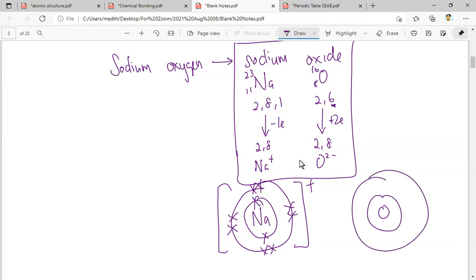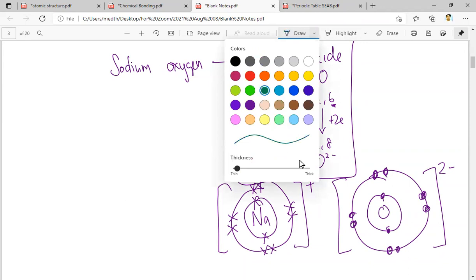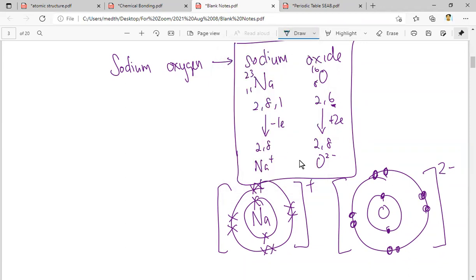I've used cross for sodium, so I'm going to use dot for oxygen. 1, 2, 3, 4, 5, 6. 1, 2, 3, 4, 5, 6, 7, 8. Square bracket, 2 minus. Now, as mentioned, because oxygen has gained 2 electrons, I must convert 2 of them into a cross to show that it is gained from somewhere else.